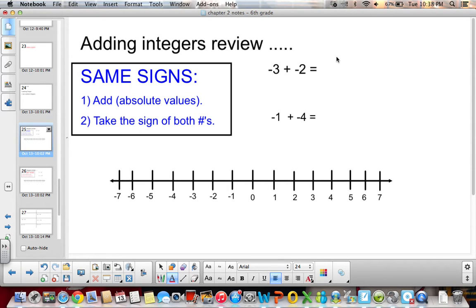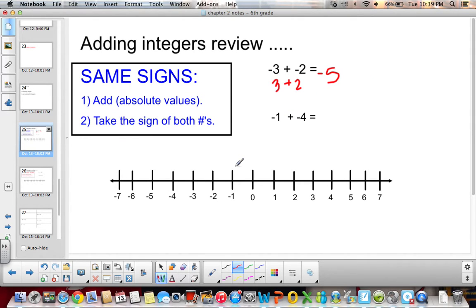So -3 plus -2, we know the absolute value of -3 is 3. The absolute value of -2 is 2. So basically we're just dropping the signs and adding the numbers together, and we get 5, and then take the sign of both numbers, which are both negative, so it's -5.